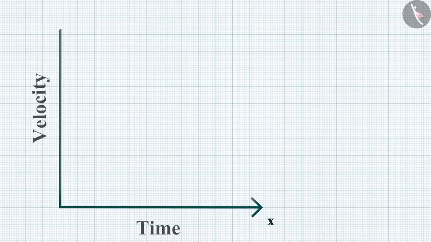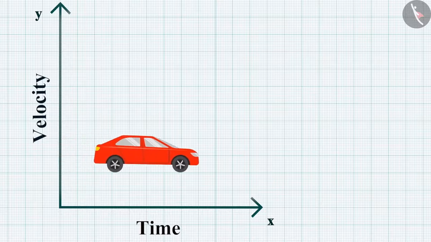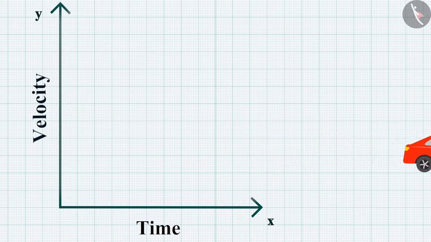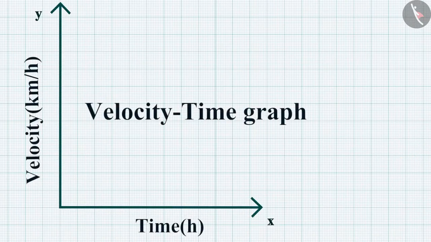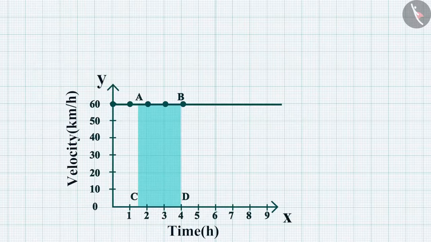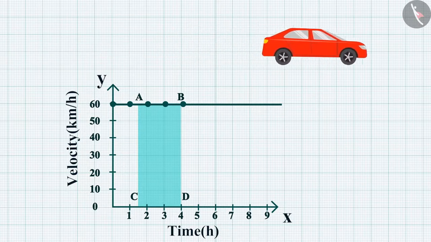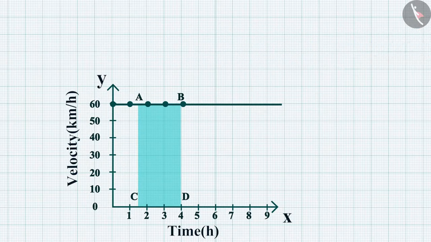The velocity-time graph of that car can be plotted by considering the velocity at certain time instants. Here, time and velocity are represented along the x-axis and y-axis respectively. As the car is moving at a uniform velocity, the height of its velocity-time graph will not change with time. It is a straight line parallel to the x-axis.